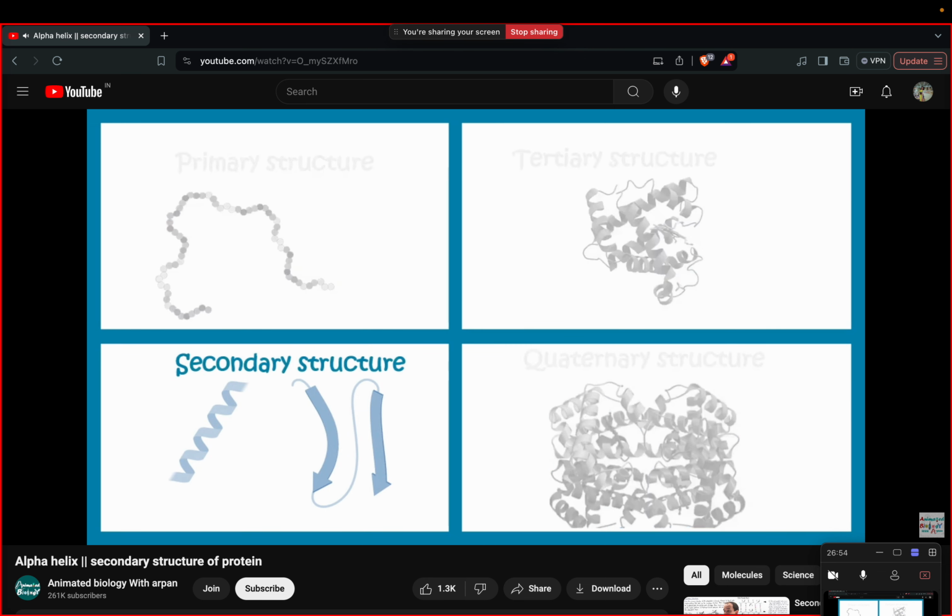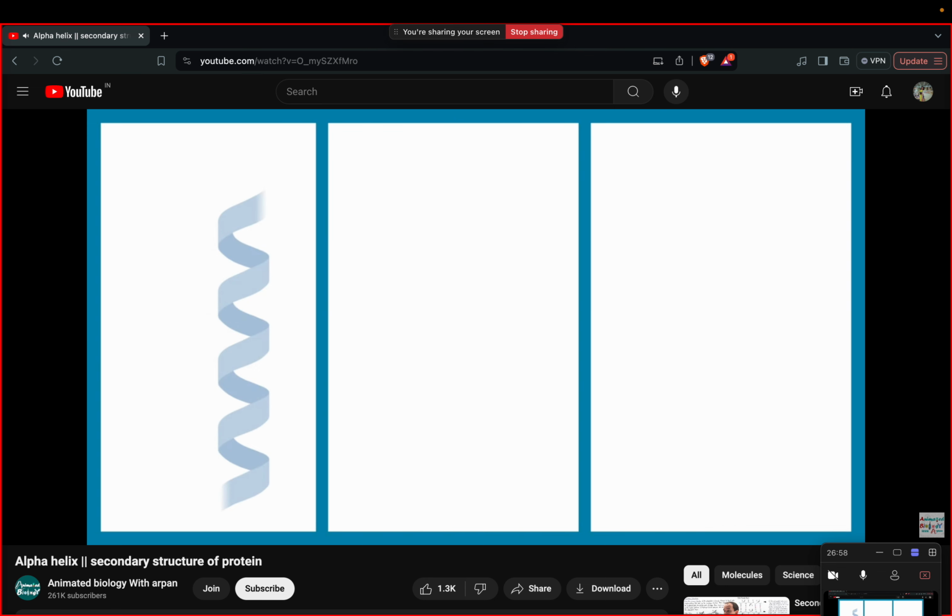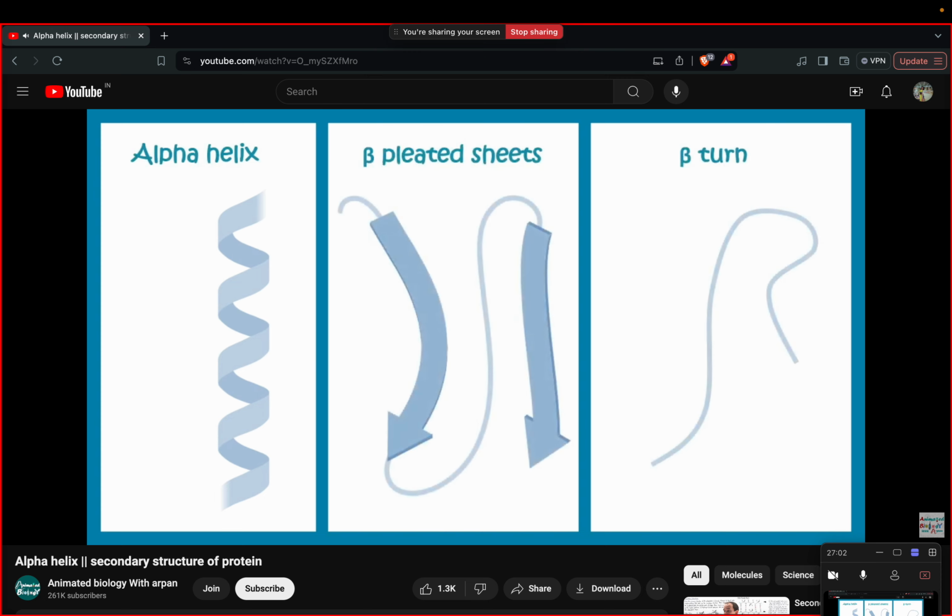But this video will focus on the secondary structures. Out of the secondary structures, we have alpha helices, beta turns, and beta pleated sheet. But today's focus will be totally on alpha helix, its structure, its function, where we find them, how we can study the structure of alpha helix, and the factors that stabilize it. So this video is all about that.